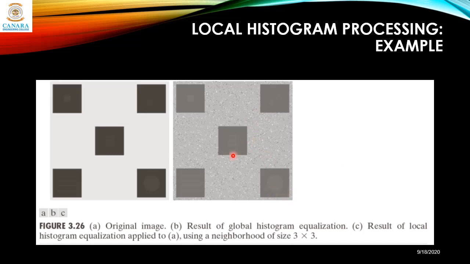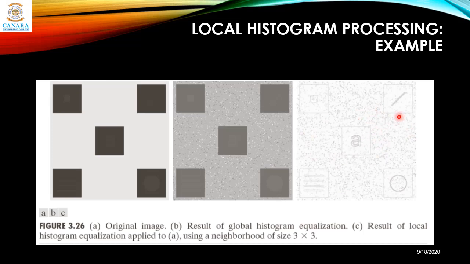It has basically put unwanted patterns in between. Now, let us apply a histogram on a 3 cross 3 neighborhood, and this will be the result. You can clearly make out the patterns inside this black area. So that part is enhanced. This has helped in bringing out those hidden patterns, enhancing those regions. So this is the use of local histogram processing.